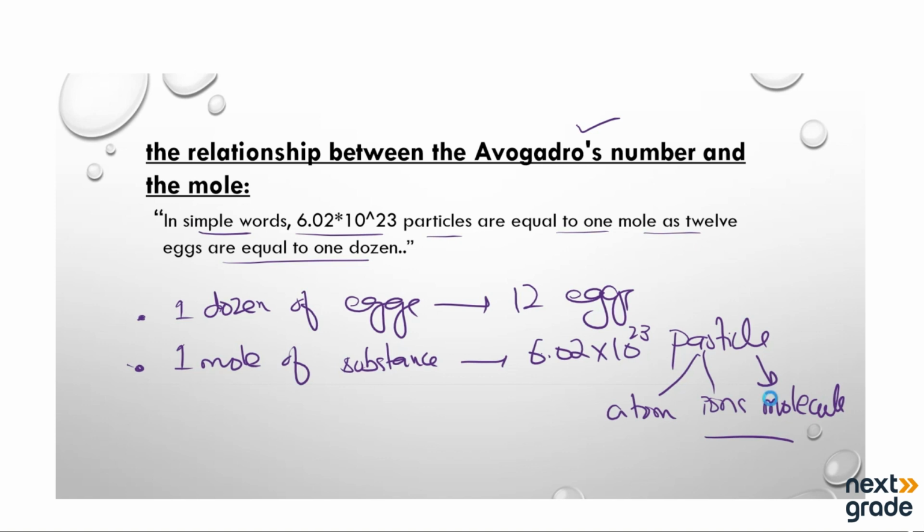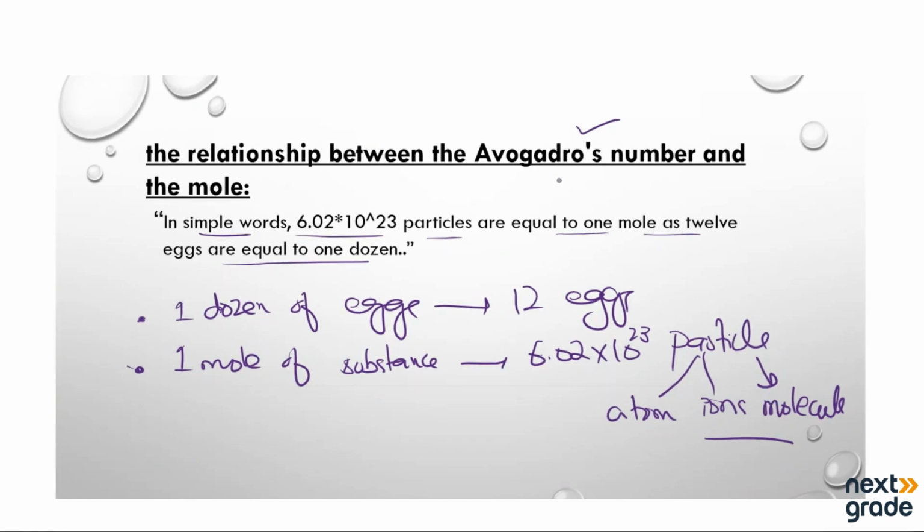So, in simple words, the relationship between Avogadro's number and mole is given by the number 6.02 × 10^23 particles. If we have 1 mole of any substance, it has 6.02 × 10^23 particles, like 1 dozen of eggs has 12 eggs.